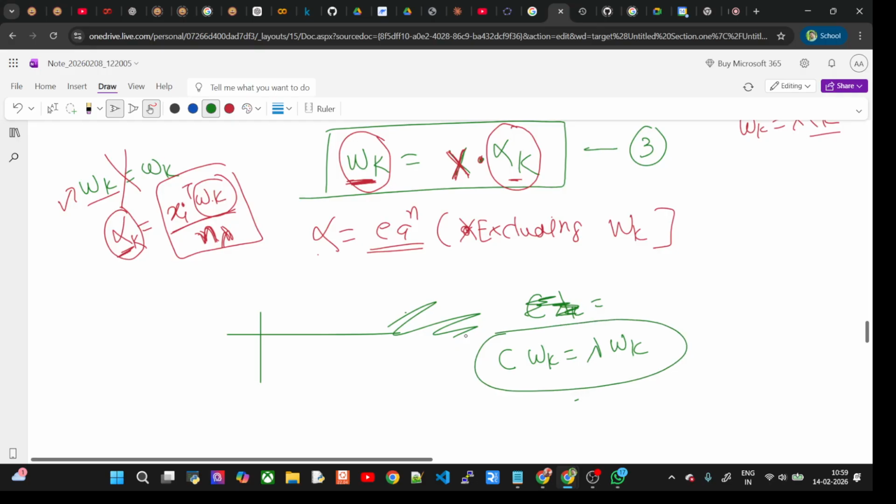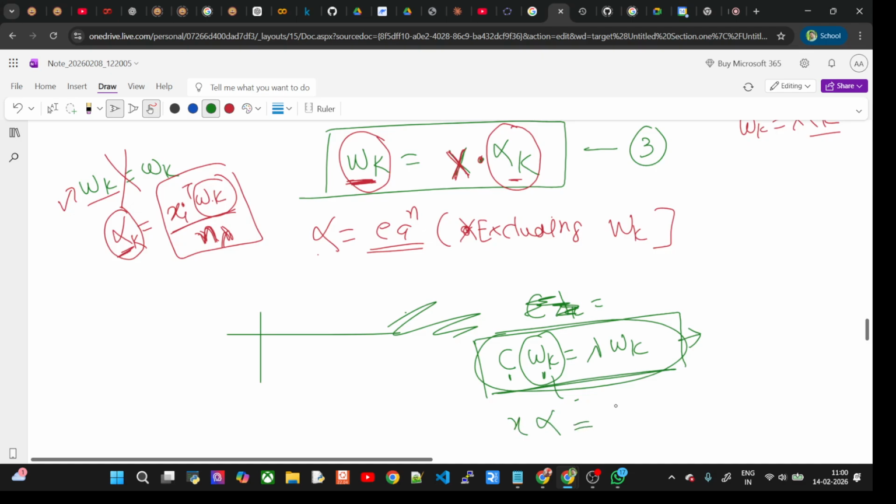Okay, before any issues in the PCA, we know this equation, we have this covariance matrix and wk. This wk is the eigenvector of this equation, C into wk equals lambda k into wk. But there will be another equation where alpha will be the eigenvector of that equation.